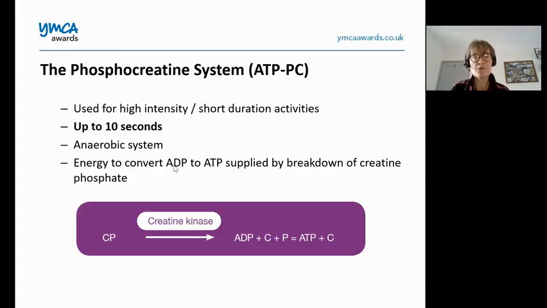Okay, so we're going to look at each one in turn now. The first one is our phosphocreatine system. As you could see from the pictures, this is for real high intensity, short duration activities lasting up to about 10 seconds.